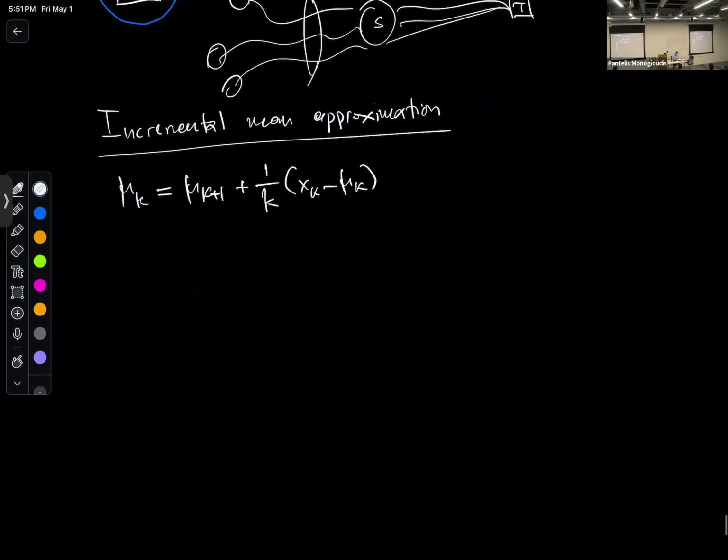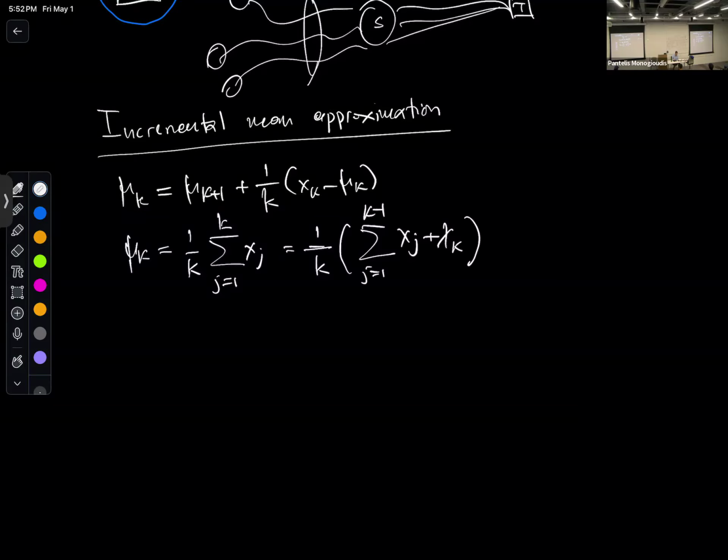In fact, if you don't understand this straight away, remember mu k is 1 over k summation from j equals 1 to k of xj. And this one can be written as 1 over k of summation from j equals 1 to k minus 1 of xj plus xk, which is effectively this. Okay, incremental mean approximation, that expression is known.